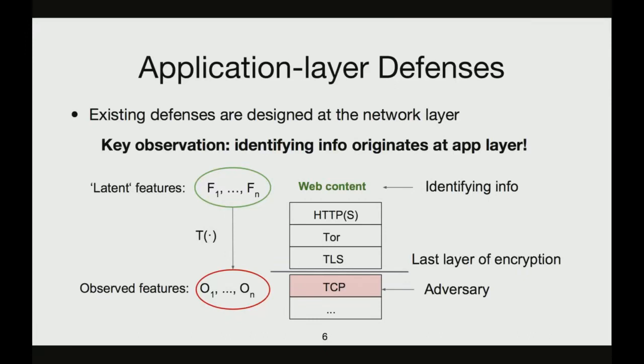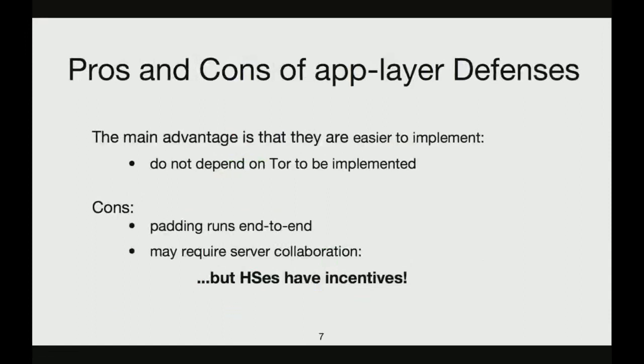And this has some advantages. The main advantage is that application layer defenses are much easier to deploy. You don't depend on Tor to implement them. They build on top of Tor. They also come with some disadvantages. For example, the padding has to run end-to-end, as opposed to network layer defenses where the padding was dropped at the entry or the middle.